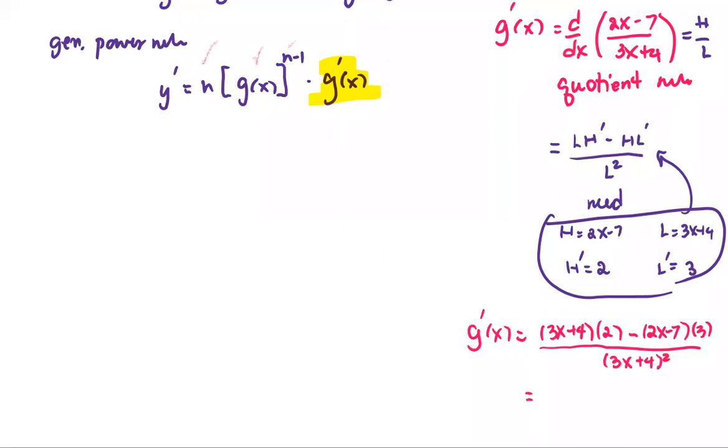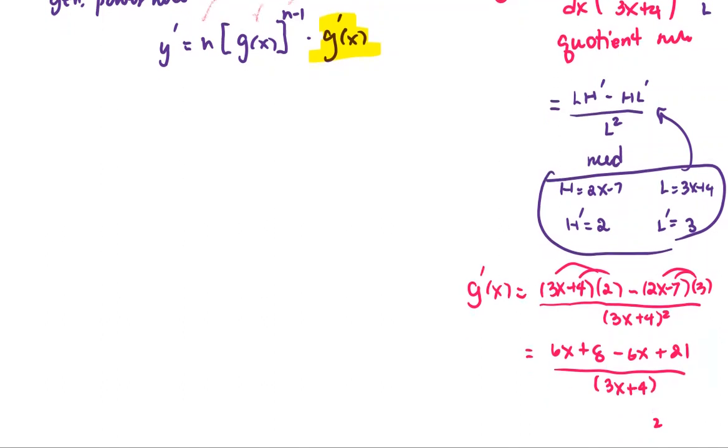And then as routine work, we're going to simplify as much as we can. For the numerator, we multiply 2 to these two terms and 3 to these two terms. 3x times 2, that's 6x. 4 times 2, that's 8. And then 3 times 2x, that's 6x, but we have a negative sign in front. 3 times 7 is 21, but the two negative signs make 21 positive. All divided by the quantity 3x plus 4 squared.